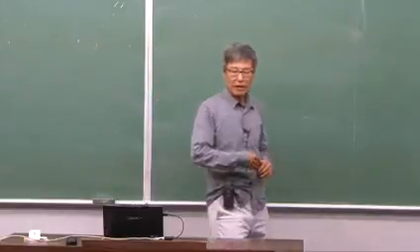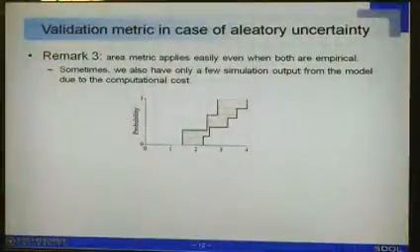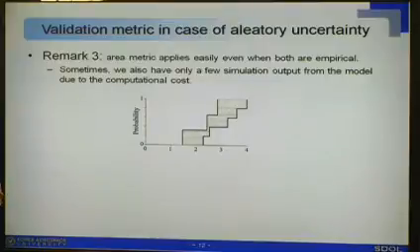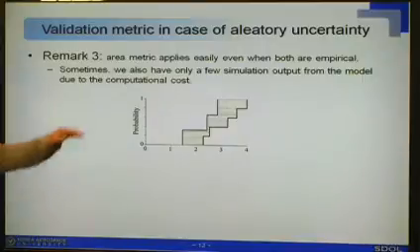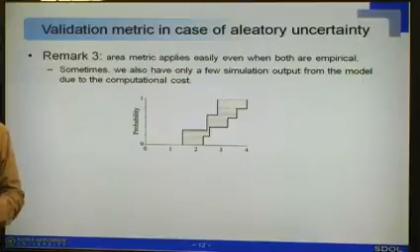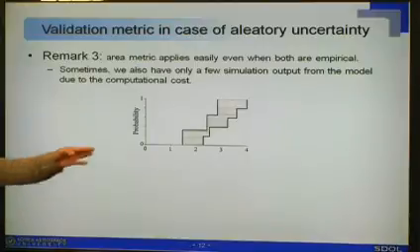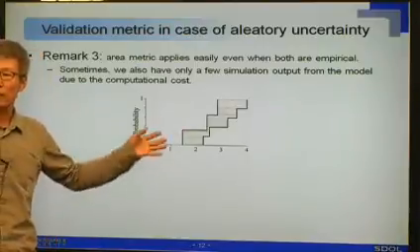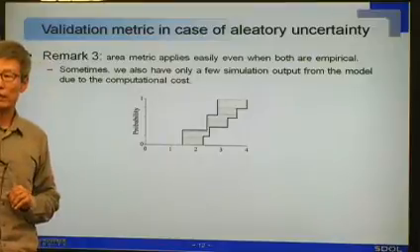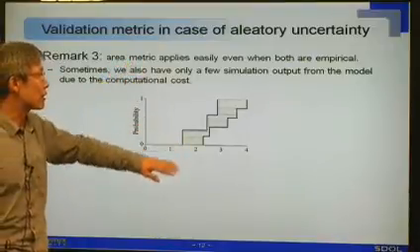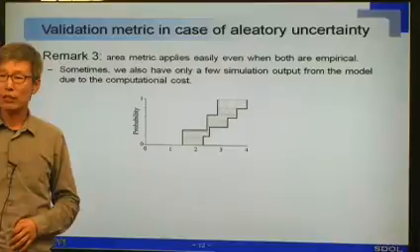And the third remark from the textbook was, even when the model has only a finite number of outputs, which is the case when the computational cost is expensive, and we see these cases frequently, the model CDF also follows an empirical form. Even in that case, the area metric can be easily calculated.